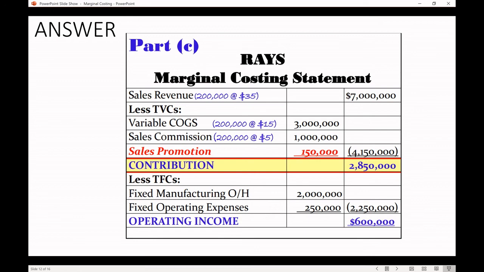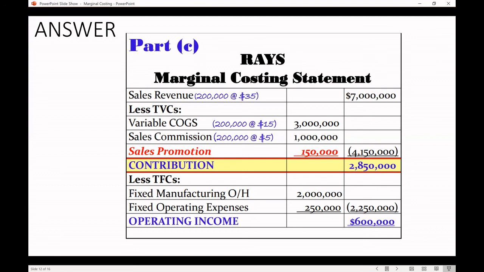Now our total variable cost that we're going to subtract would also increase, right? So your variable cost of goods sold is now 200,000 units multiplied by 15, that gives us 3 million. And our commission also increased. It's now 200,000 units that you're selling times $5. That's $1 million. Remember, we also now have to factor in this sales promotion, $150,000.